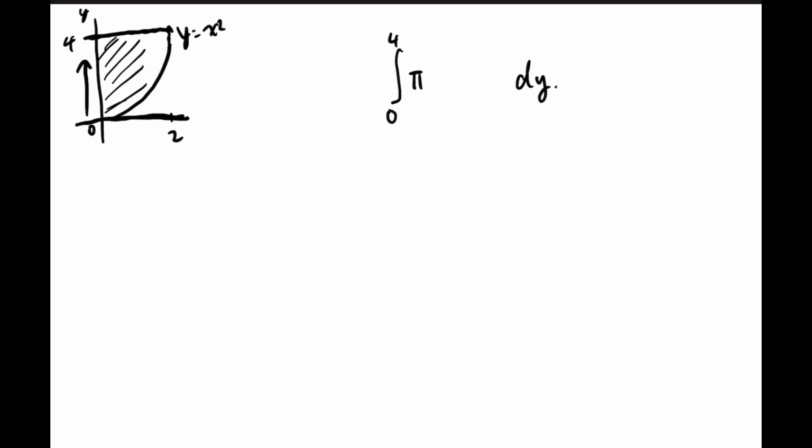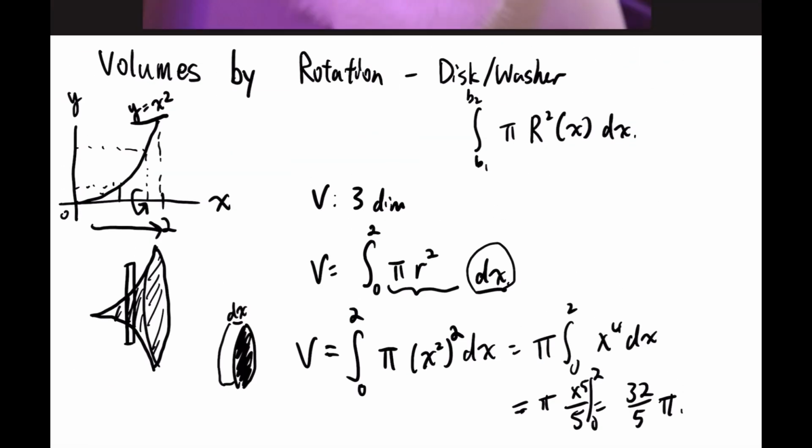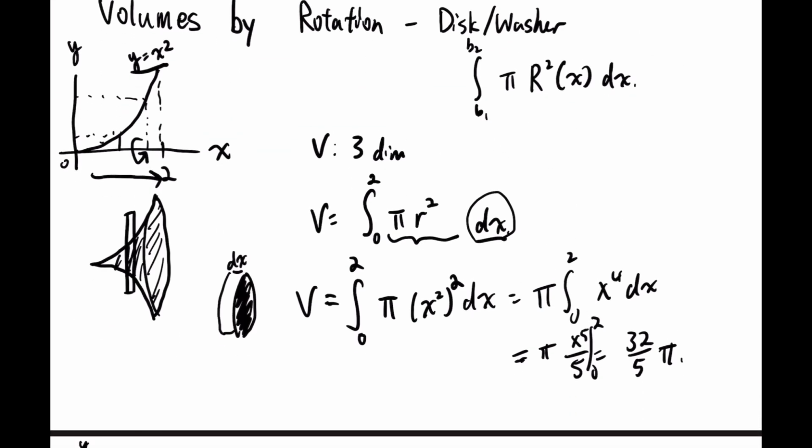Now, previously we used x squared as our integrand, but because we're integrating with respect to y, we need to redefine this function to be in terms of y, so x would be square root of y. So that would be our radius, and we need to square that because that is the formula for the disk and washer.